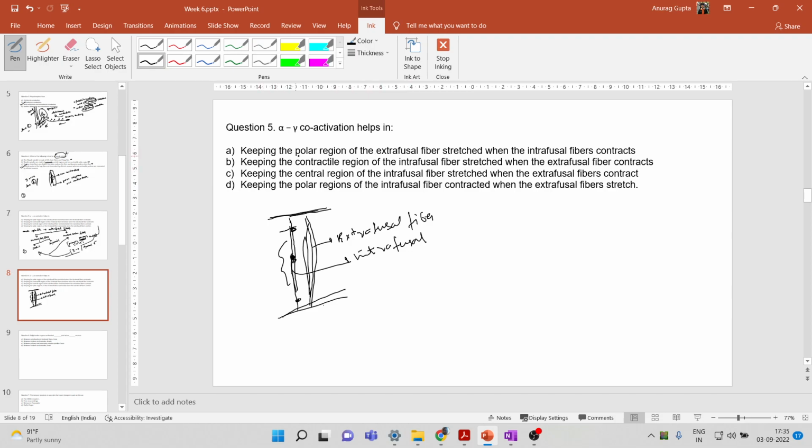So if we go through this: keeping the polar region of the extrafusal fiber stretched when the intrafusal fiber contracts, this is not correct. We just discussed this. Keeping the central region of the intrafusal fibers stretched when the extrafusal fibers contract, this is correct.